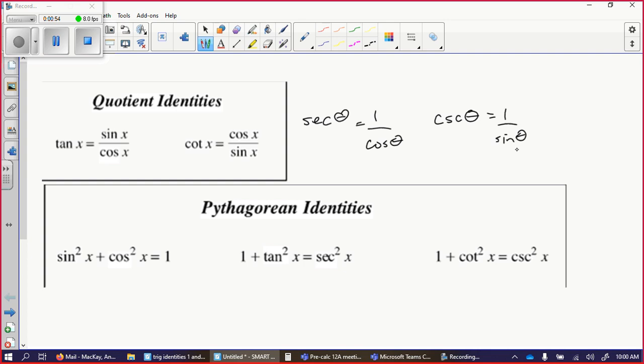I got a question in an email about the x's and y's, like when we do sine is y over r, cos is x over r, or tan is y over x. The x's and y's are the coordinates on the unit circle, which is why I use theta.